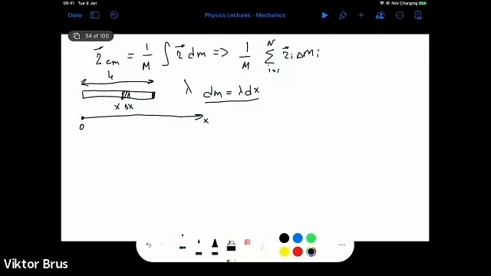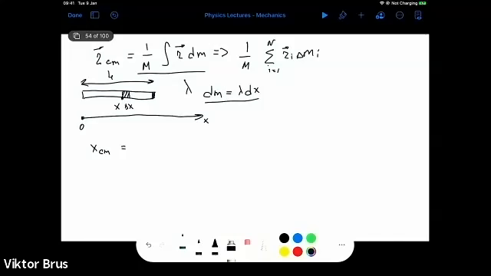Okay, now in order to calculate the position of the center of mass, x cm, we apply this equation, but since it's a one-dimensional case, we will operate with x, the coordinate, not with the radius vector.